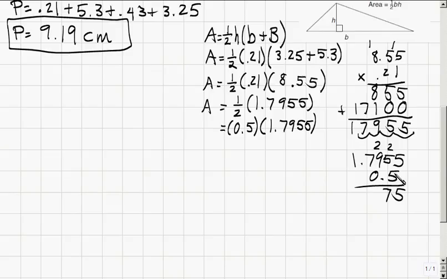Carry the 2. 5 times 9 is 45 plus 2 is 47. Carry the 4. 5 times 7 is 35 plus 4 is 39. Carry the 3. 5 times 1 is 5 plus 3 is 8. Since we now have 5 numbers behind the decimal point, we'll move the imaginary decimal point in our answer 5 times to the left, making this the answer 0.89775.